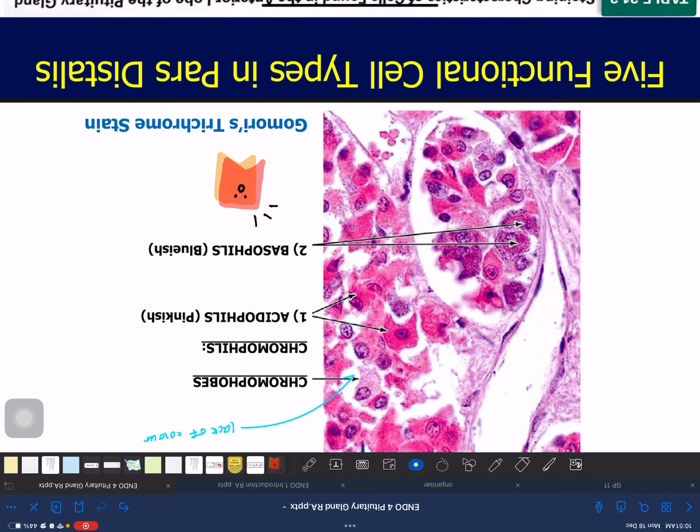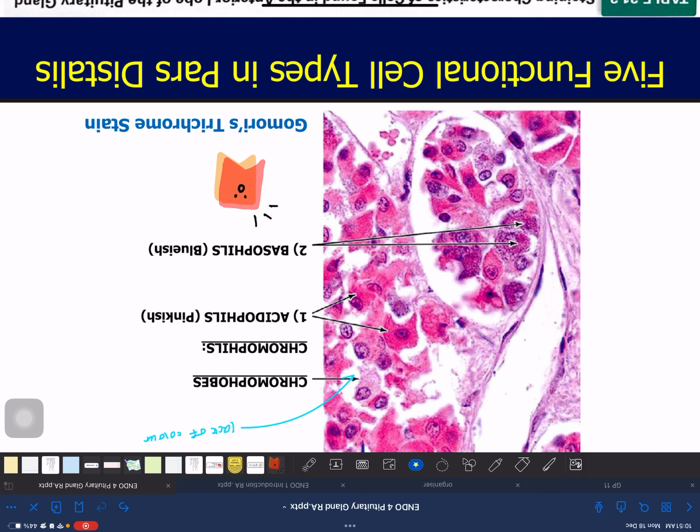Quite difficult in the H&E staining. Okay, this acidophil, it can be somatotrope cells or lactotrope cells, okay? Or the basophil, it might be corticotrope cell, gonadotrope cell, or thyrotrope cell. Okay, so it's difficult to see in the H&E staining.